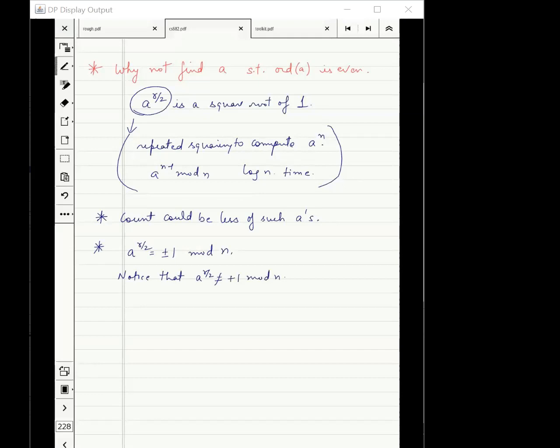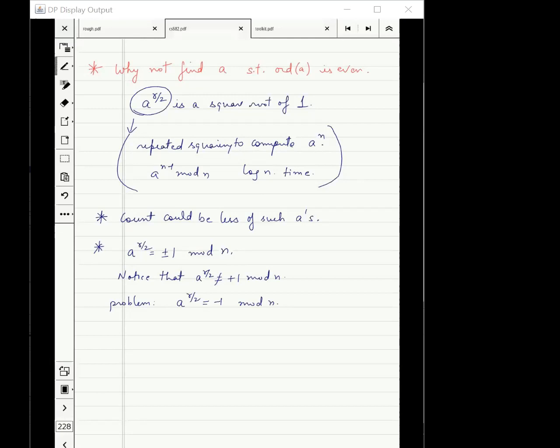But still, the problem remains. The problem would be a to the power r by 2 could be minus 1. And then obviously the problem is that such a's could be really, really few.